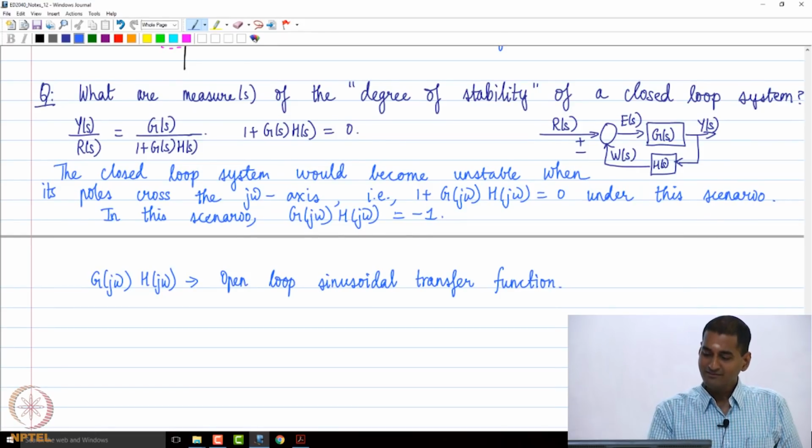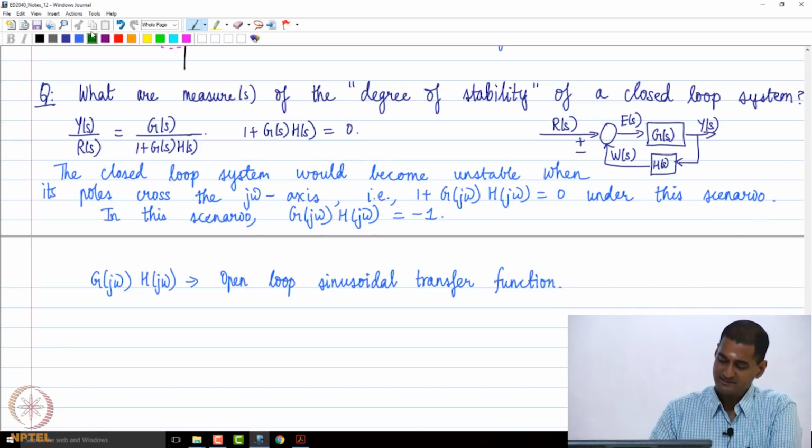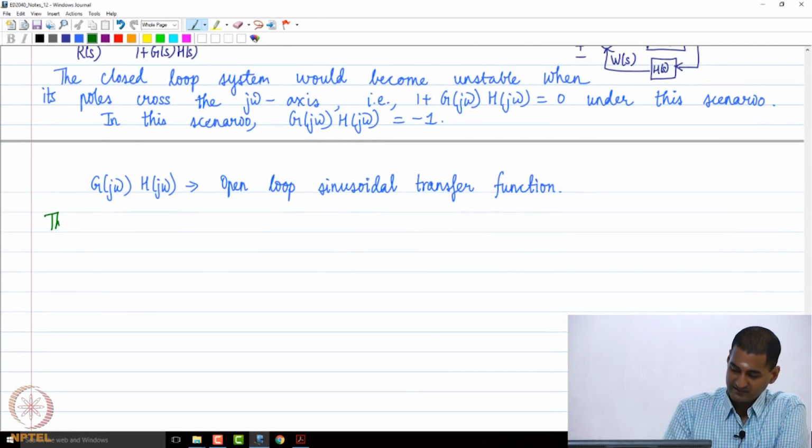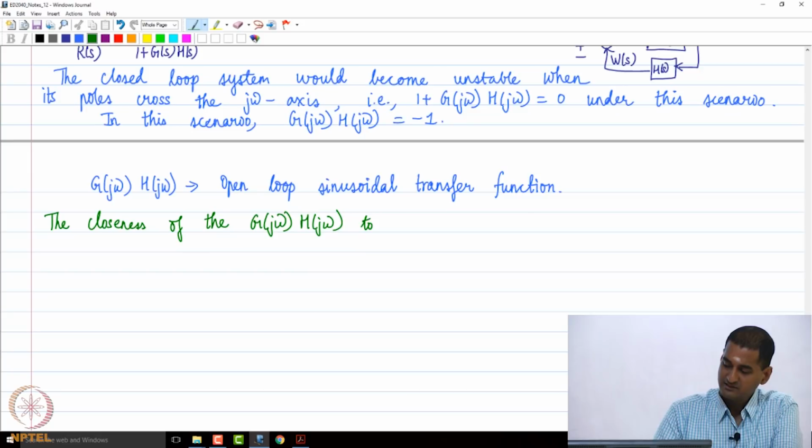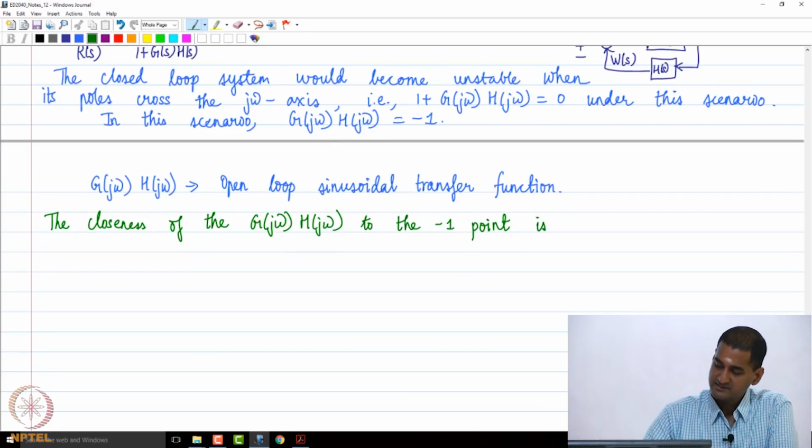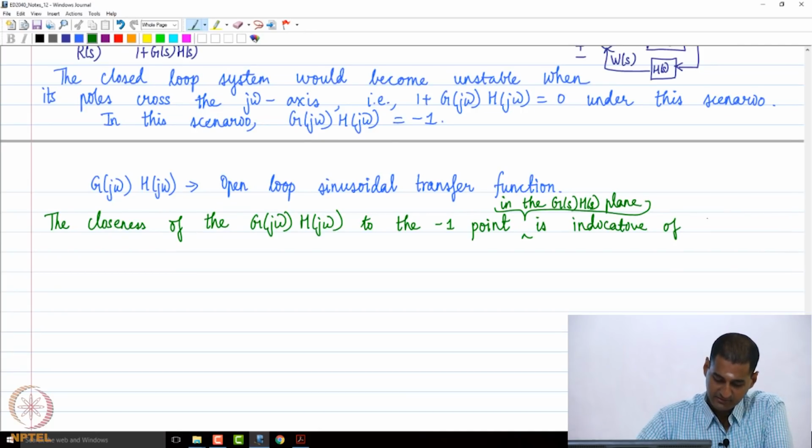In other words, I can reinterpret this as follows: the closeness of the G of j omega H of j omega to the minus 1 point in the G of s H of s plane is indicative of relative stability.